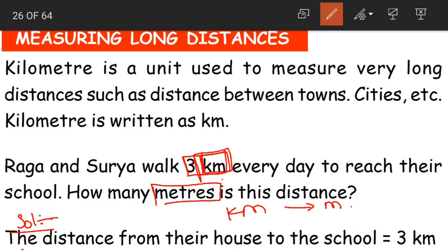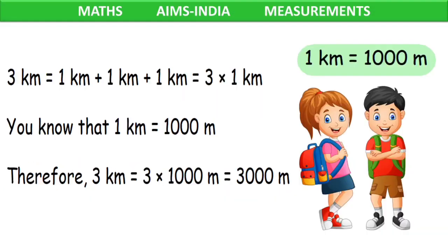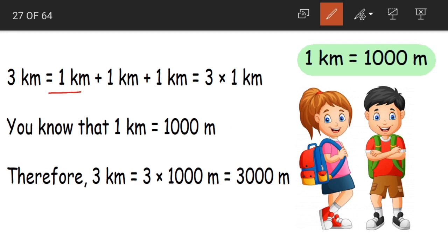Coming to the solution, the distance from their house to the school is 3 kilometers. Now 3 kilometers can be written as 1 kilometer plus 1 kilometer plus 1 kilometer.